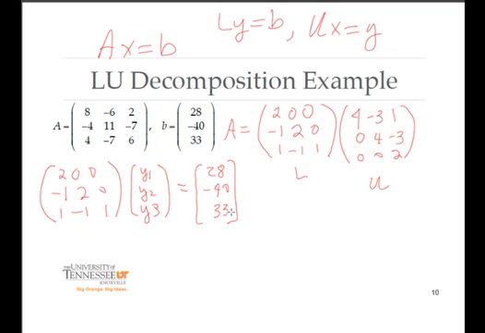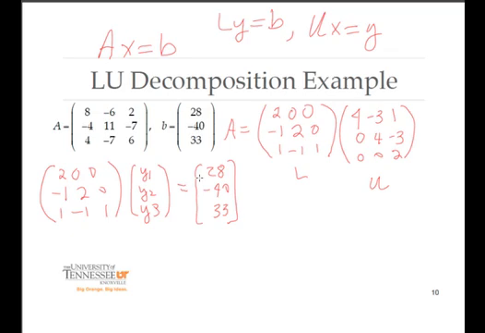So now that you have the representation of it, we would just go through the same process we did in the early example for generic representations of the components. Now we have actual values. If you were to take the inner product of the first row, 2, 0, 0, with y1, y2, y3, set that equal to 28, what would you get?